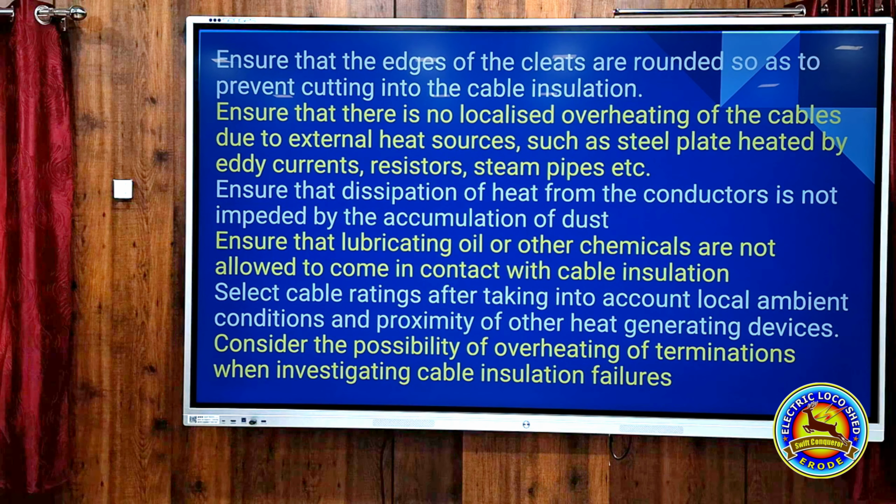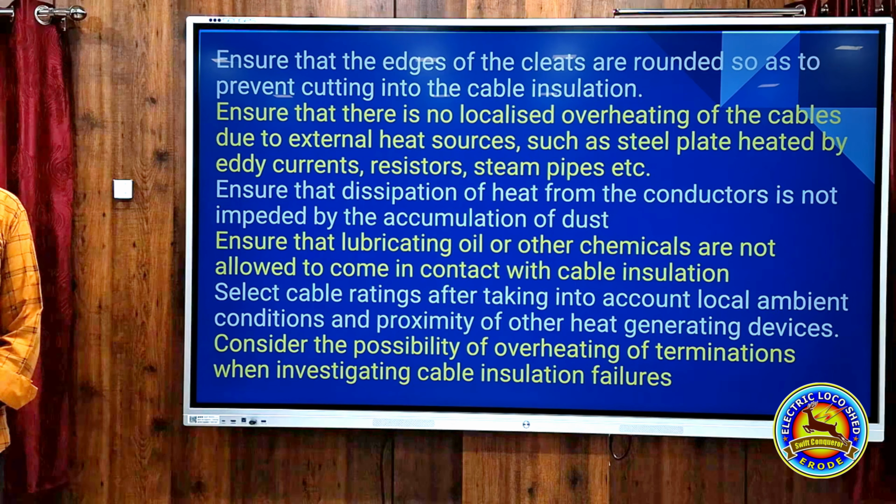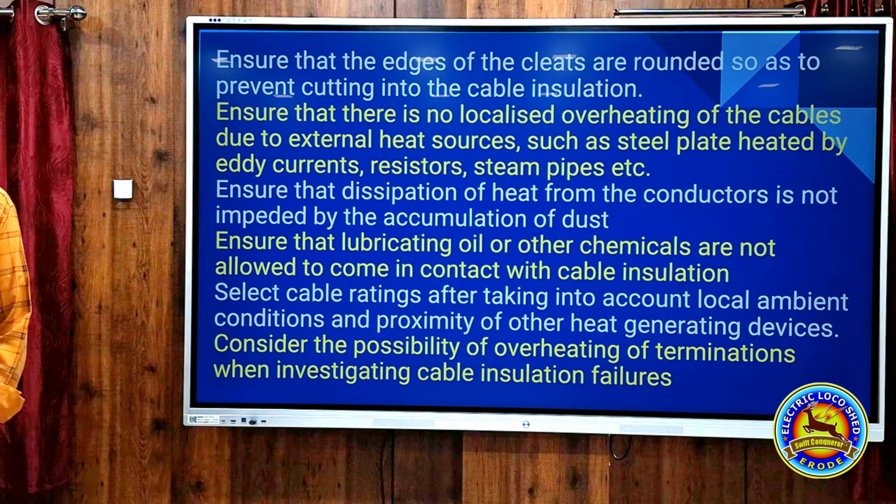The main thing we have to consider is, for any cable there is an important factor, that is the derating factor. Derating factor means the rating of the cable will get reduced if it is provided in a cable trench or in a concealed area. If we are putting a cable in an open area, if it is rated for 100 amps, it will take 100 amps without any problem or without getting heated up.